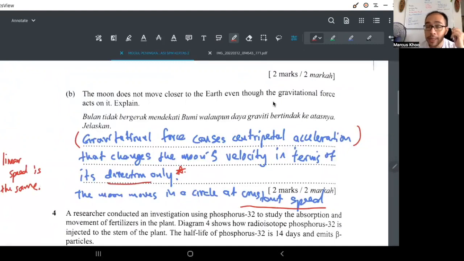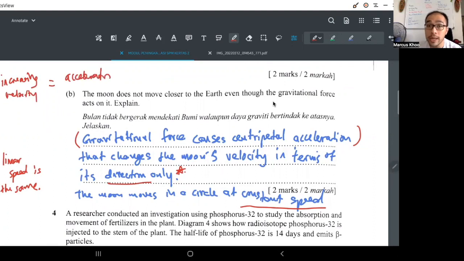Because we always hold to the idea that if there is an acceleration, then there is a change in velocity. Let me repeat: if there is acceleration, it means the velocity is changing. But for us, we always think of increasing velocity, right? I always say this, increasing velocity equals acceleration.